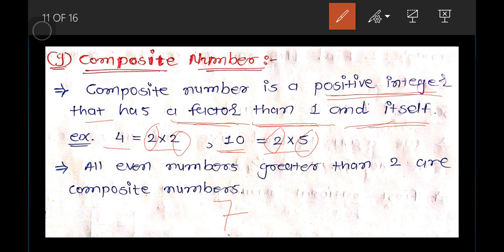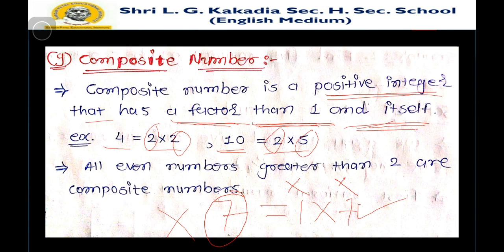Let us factor it first. We know that we can factor 7 as 1 into 7. In the definition, it is given that it must have a factor other than 1 and itself. So we cannot say this. So 7 is not a composite number, and it is a prime number.